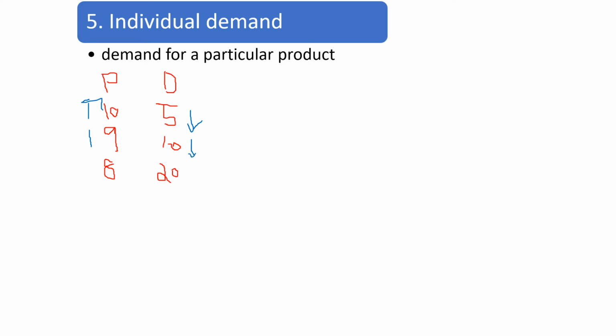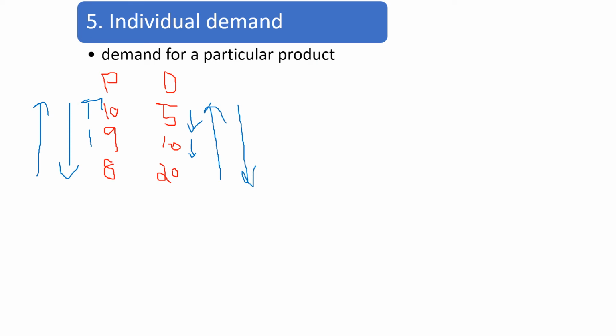As you can see here, as the price decreases, the demand for a quantity increases. If you see in a reverse manner now, as the price increases, the demand for a product, what will happen? Decreases.